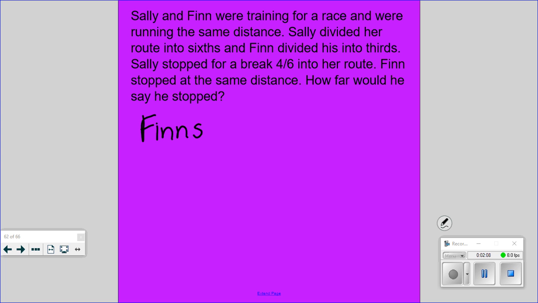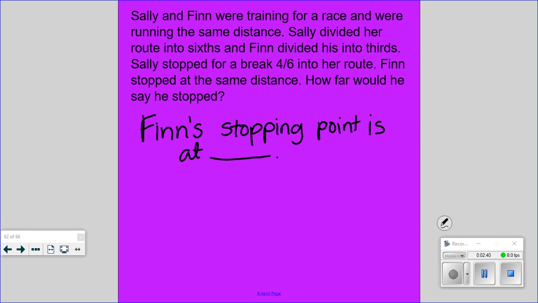Finn's stopping point is at, and then I'm going to leave a blank because I need to figure that out. Finn's stopping point is at something.